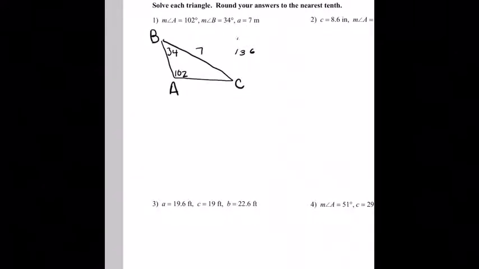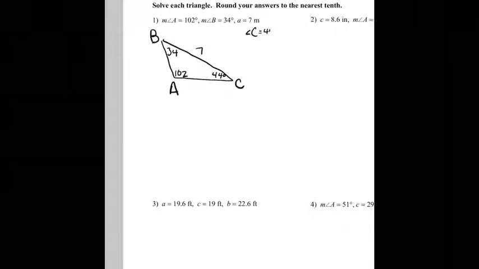Then if we subtract that from 180, we get 44. So we know that angle C is 44 degrees.